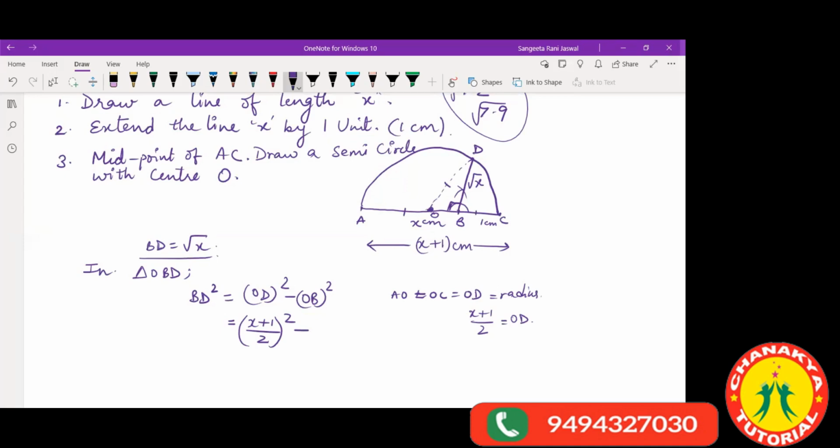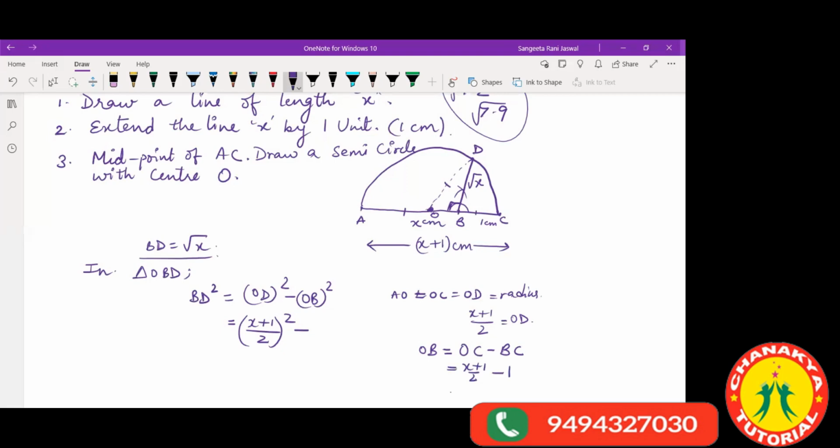OB can be written as OC minus BC. Why am I taking OC and BC? Because I know the distance of BC and I know the distance of AC. OC is the diameter, that is x plus 1 by 2, and BC was 1 centimeter, which we had taken.